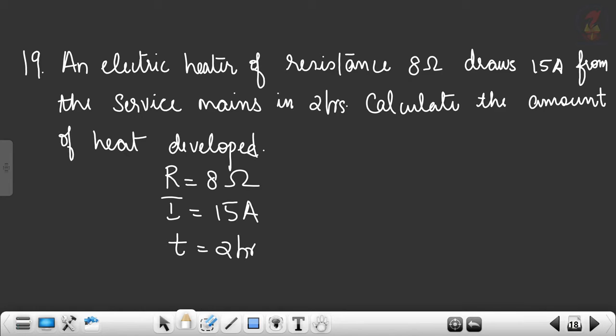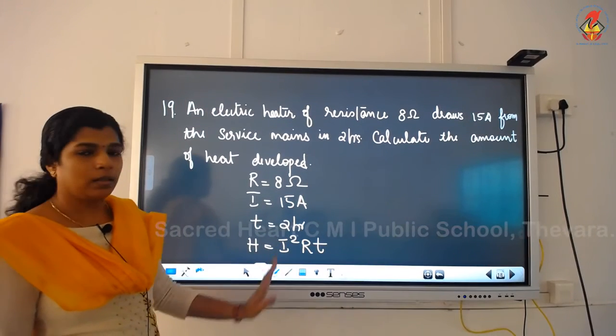So, that hour should be converted into seconds. Then use the equation H is equal to I squared R T, and substitute in this equation and you will get the answer. Here time should be in seconds.